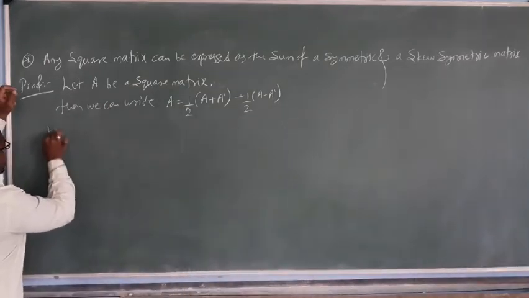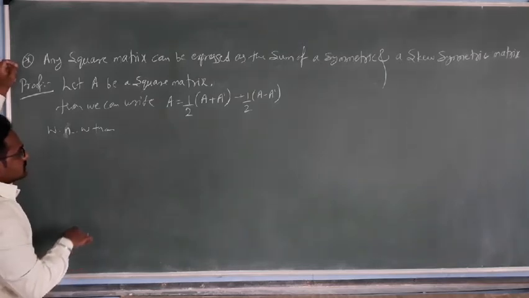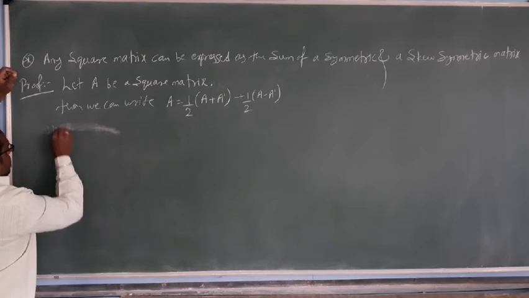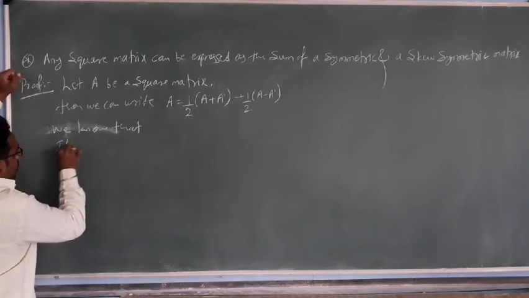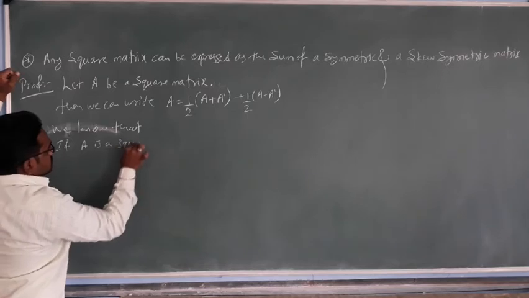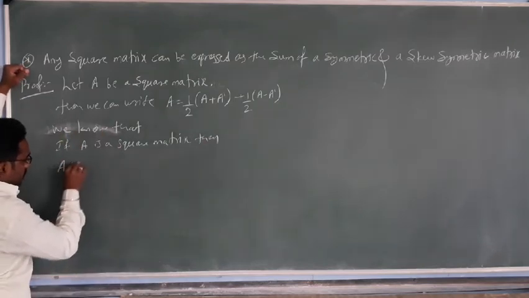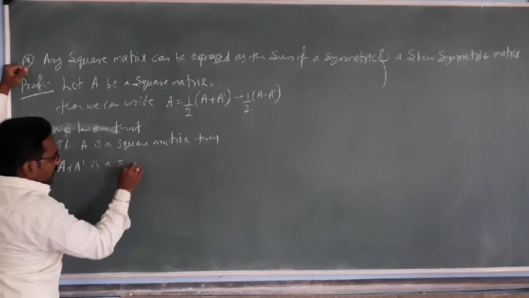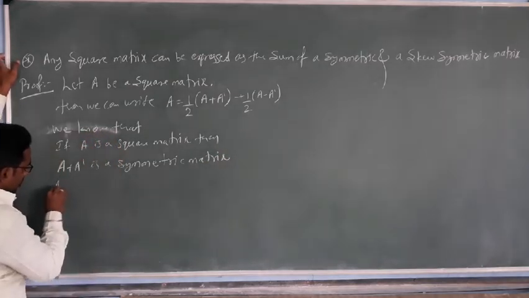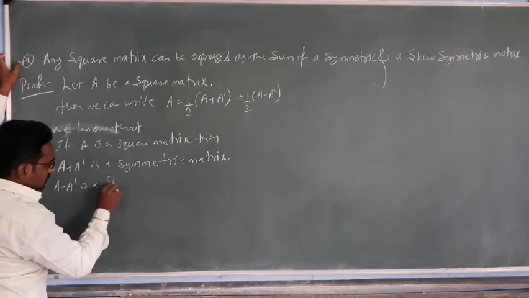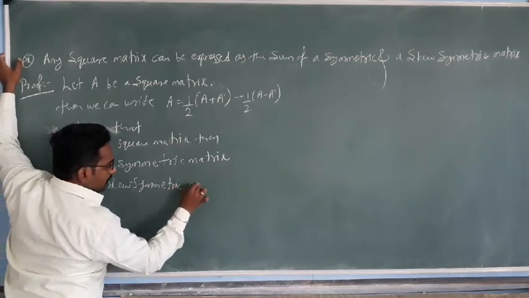Let us state that we know that if A is a square matrix, then A plus A dash is a symmetric matrix, and A minus A dash is a skew symmetric matrix.